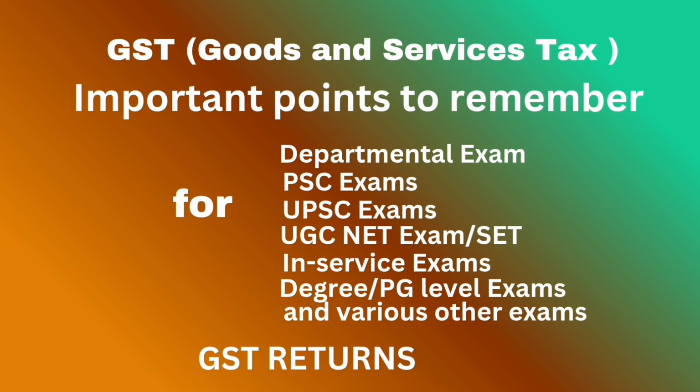Then opting out of QRMP scheme: taxpayers opt out of the QRMP scheme when aggregate turnover has exceeded rupees 5 crore in the financial year. Then the availability of facility of opting out of QRMP scheme for a quarter is from the first day of the second month of the preceding quarter to the last day of the first month of the quarter.